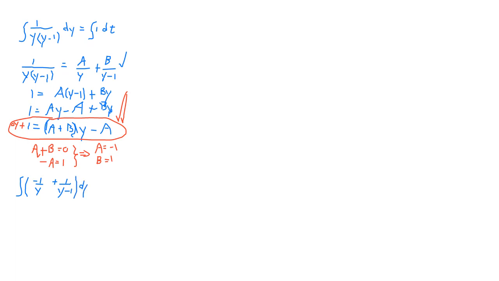And I'm doing this live, so check my math, but I got 20 students checking math, so hopefully. This is what we get. And on the left side, we can integrate. The left side is going to be negative the log of the absolute value of y plus the log of the absolute value of y minus 1.